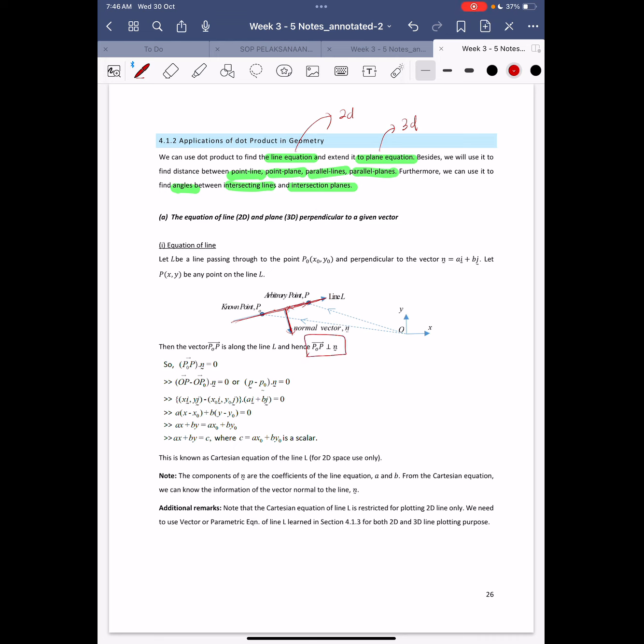We know that if a vector is perpendicular to another vector, their dot product will be 0, right? We covered it just now.